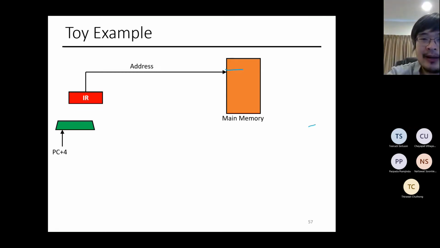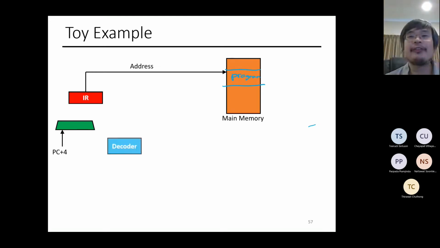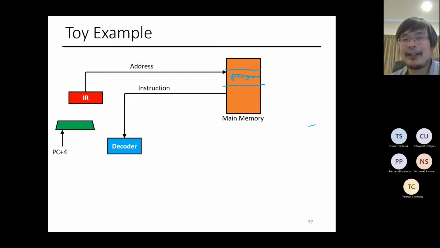Okay, this is your program, right? It goes to that address. It fetches that instruction, whatever that program is, right? This line right here gets fetched to your decoder. So this is going to be like 11101, a bunch of combinations of ones and zeros. It gets fed to the decoder.